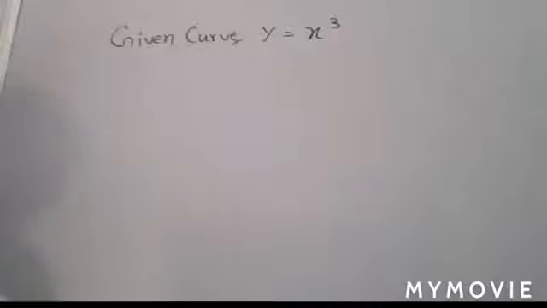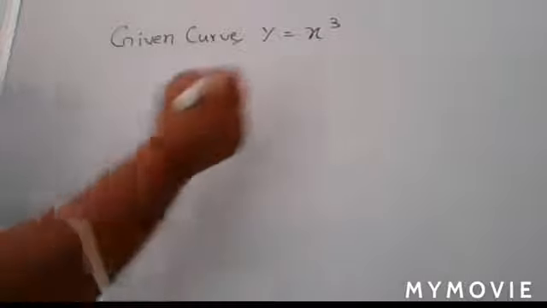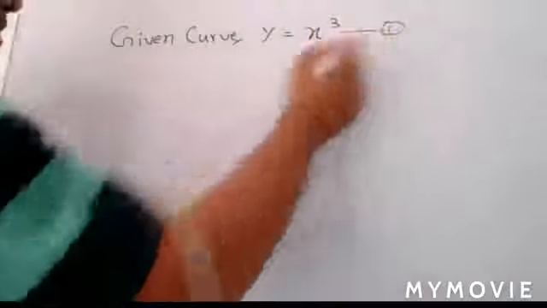This is your question. Means you have to find the point on the curve at which the slope of tangent is equal to the y coordinate of the point. And suppose that is your first equation.